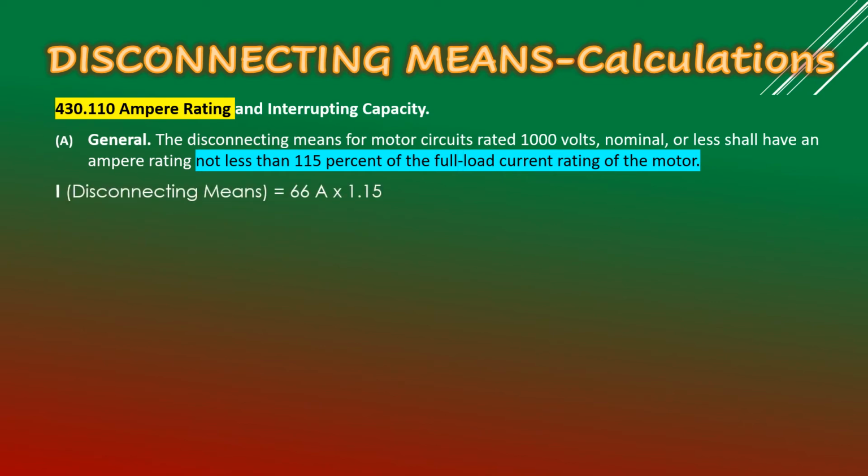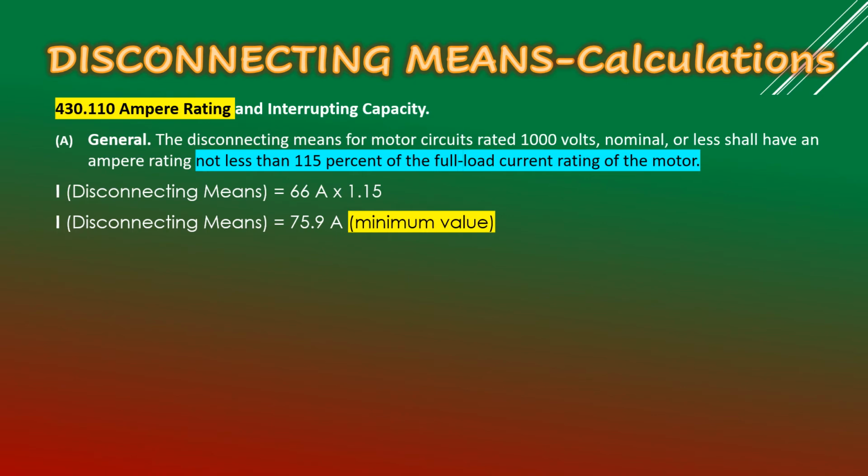Calculating the current for the disconnecting means: 66 ampere FLC times 1.15 gives 75.9 ampere. This is the minimum value for the disconnecting means or isolator.